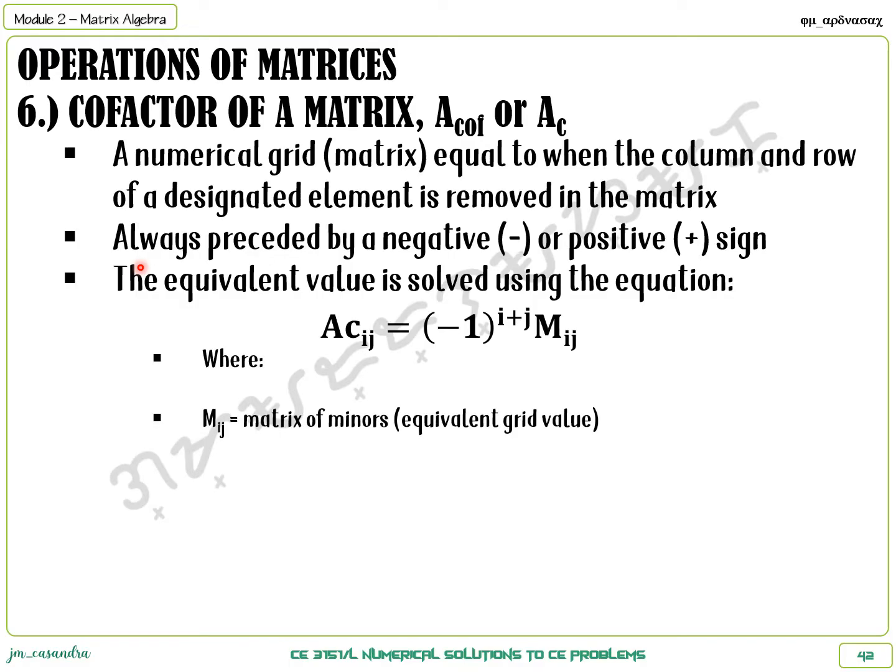A_c here is the cofactor of the chosen or designated element, and we have identified already from our previous discussion that ij is the element number or the location of the element. Mij is what we call the minor matrix or the matrix of minors, which is equivalent to a grid value.